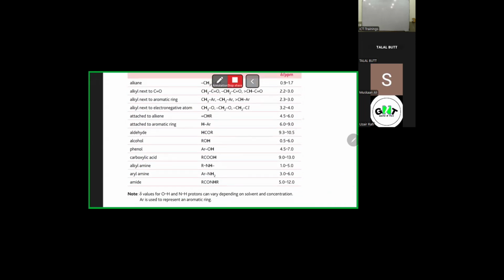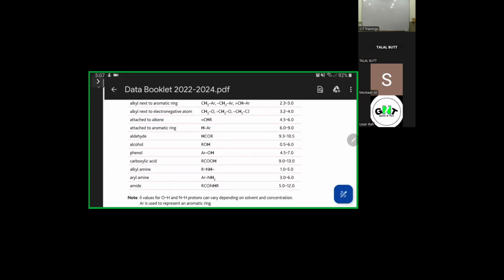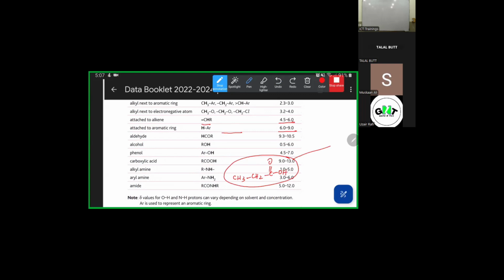The 12 value is present in the carboxylic acid as well. If you look, this is the carboxylic acid, 9 to 30. So you should draw it like that, C double bond O and OH. So this could be the carboxylic acid. Did you get it?